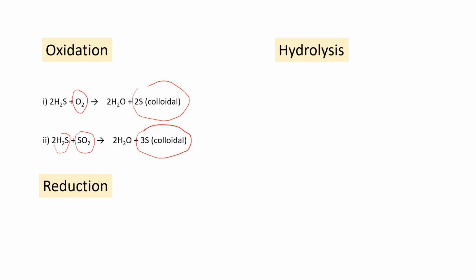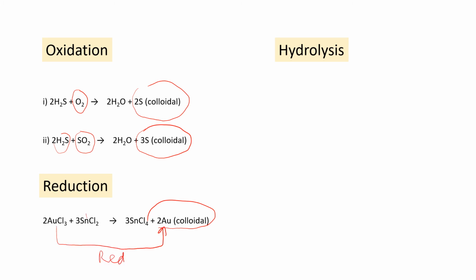That one is the oxidation process. For the reduction process, we have gold(III) chloride plus tin(II) chloride to produce tin(IV) chloride and gold in colloidal form. This one undergoes the reduction process, and this one undergoes the oxidation process.